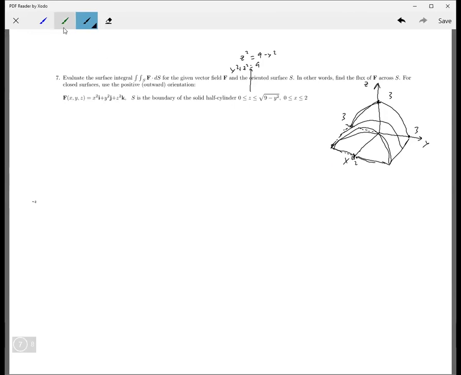Okay, now it's got this top part right here, and then it has the base here. This base right there.